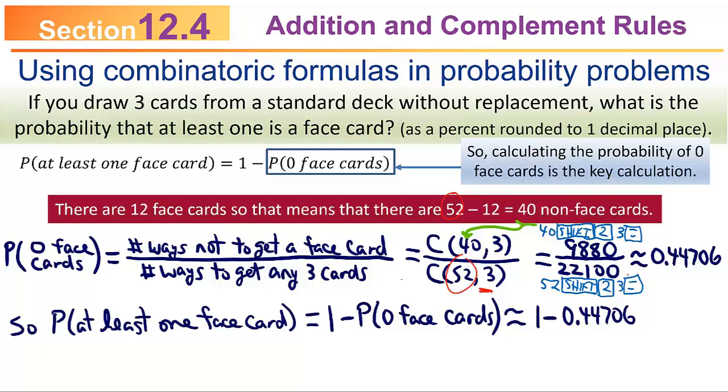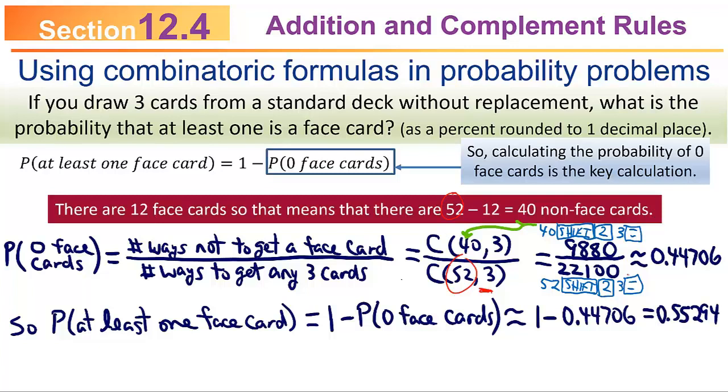The probability of getting at least 1 face card is 1 minus the probability of no face cards, which we've calculated to be 0.44706. Notice I'm emphasizing yet again, carry plenty of decimal places during this calculation. Round off in the very last step. To do that subtraction, you get 0.55294.